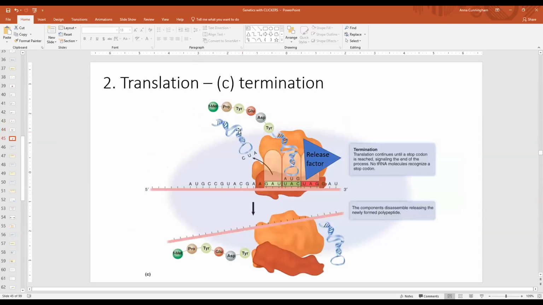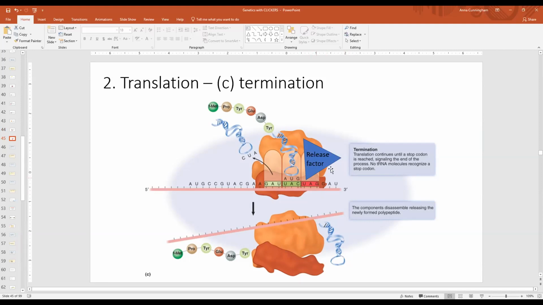So you can see what happens is we move all the way along the 5 to 3 prime strand, but eventually in the mRNA strand, you will have in the A site one of those stop codons. In this case, this is showing a UAG. So importantly, those stop codons do not code for tRNA.